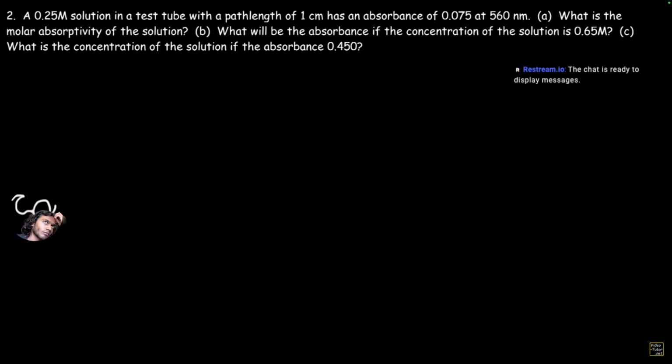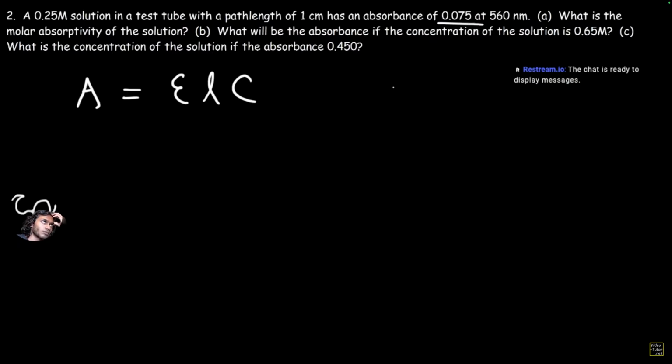Number 2, a 0.25 molar solution in a test tube with a path length of 1 centimeter has an absorbance of 0.075 at 560 nanometers. What is the molar absorptivity of the solution? According to Beer-Lambert's law, the absorbance is equal to the molar absorptivity times the path length times the concentration of the solution.